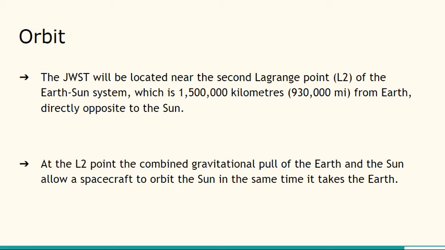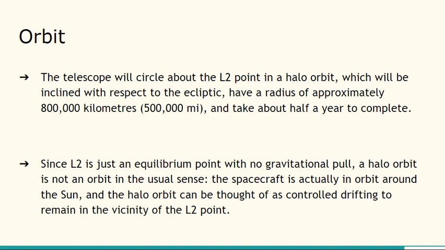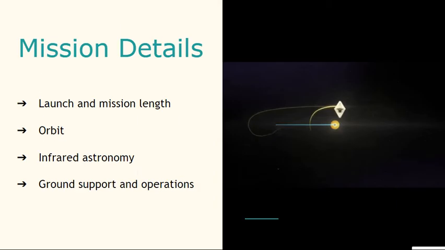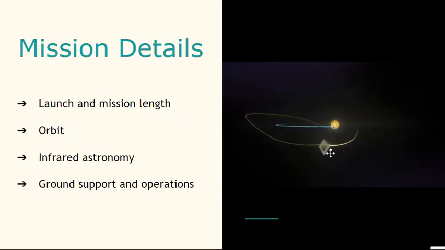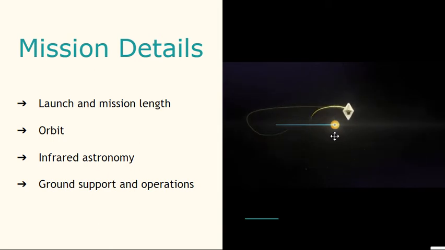In this case, it is placed at a point known as L2, which is about 1,500,000 kilometers away from Earth and from the Sun. It is like Sun, Earth, and then the space telescope. So what happens? Here you can see what happens then. The combined pull of the Sun and Earth makes the telescope have the same time period as that of Earth.